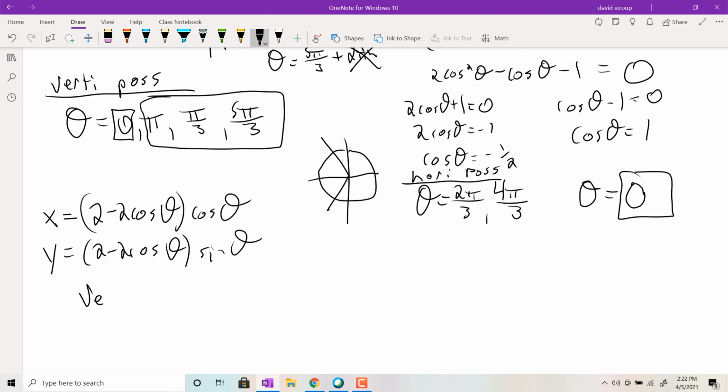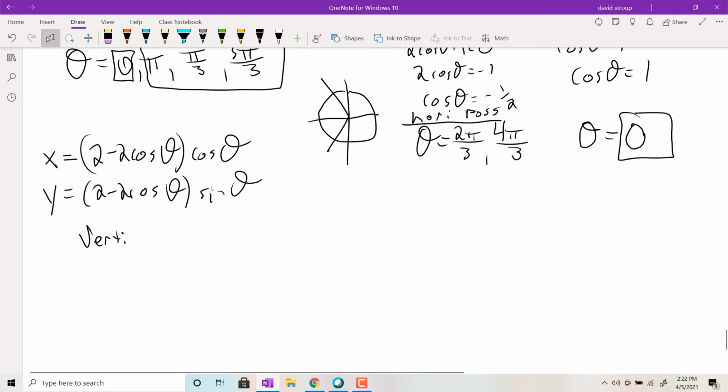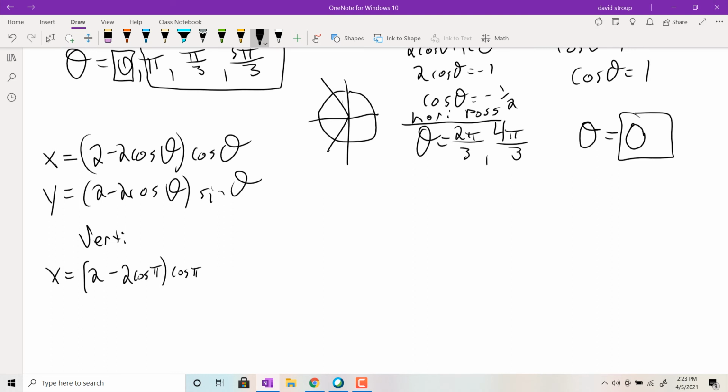So our vertical asymptotes are going to be at x equals 2 minus 2 times cosine of pi times cosine of pi. Cosine of pi is -1, so it's 2 minus 2 times -1 times -1, which will be 2 plus 2, which is 4, times -1 is -4.